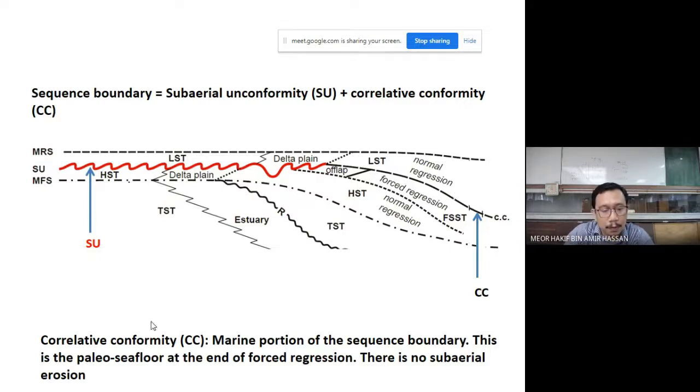So the correlative conformity, usually abbreviated CC, is the marine portion of the sequence boundary. Right? This is going to be your ancient seafloor, your paleo seafloor at the end of forced regression, and there was no subaerial erosion. Right? So far, okay. Any questions?